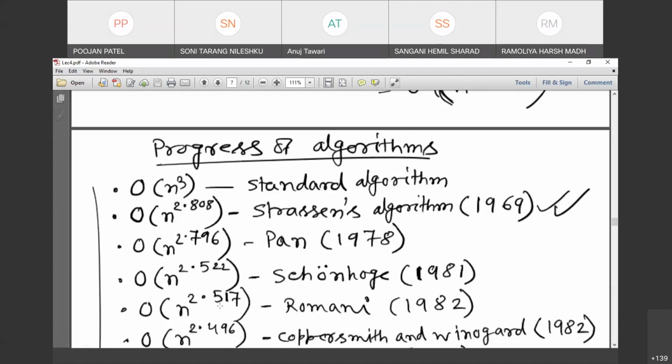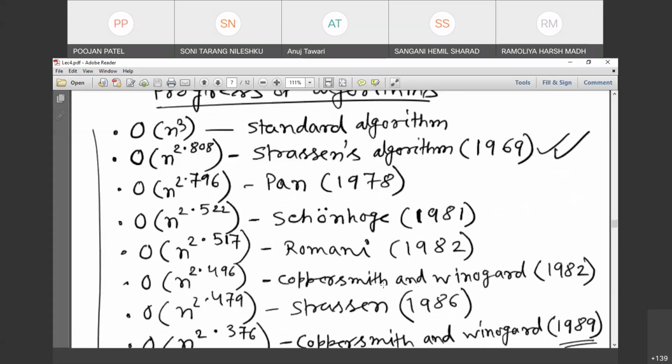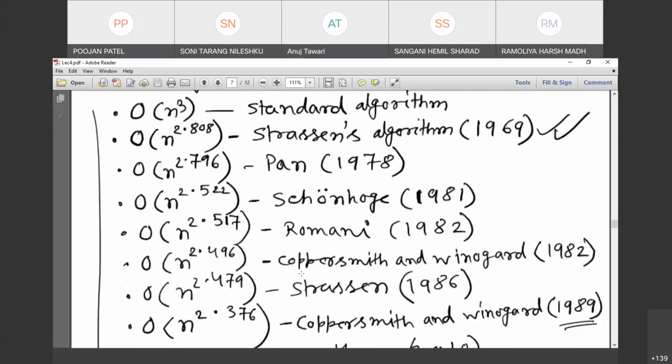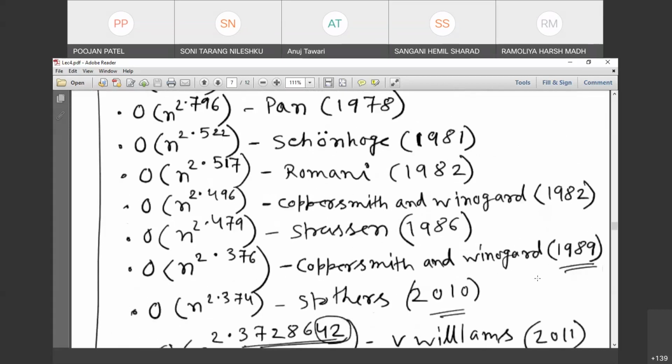And Romani then moved it to 2.517. Then 2.496 by Coppersmith and Winograd. This is a very nice and famous algorithm. And then Strassen again came back. He introduced some laser method of matrix multiplication, improved it to 2.479, then 2.376, again by Coppersmith and Winograd.